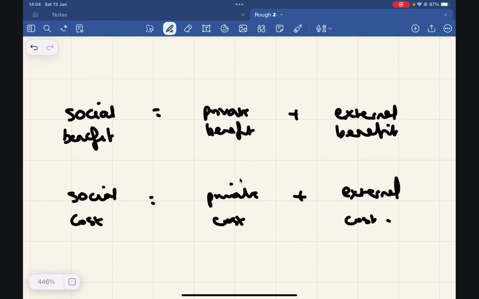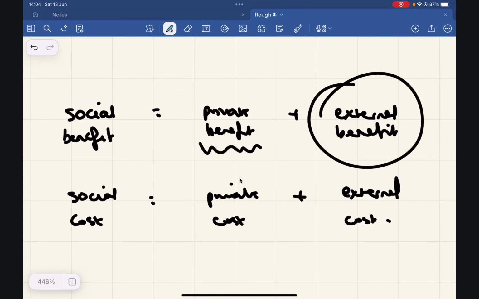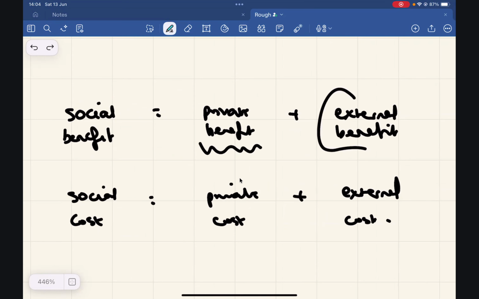Since social benefit is the private benefit plus the external benefit of a transaction, for fast food the private benefit is high, as it is enjoyable for people to consume fast food. The external benefit is negative, which means social benefit is lower. So you just have to say social benefit takes into account both the private benefit, the utility and satisfaction of consuming fast food, plus the harmful effects to the third party.